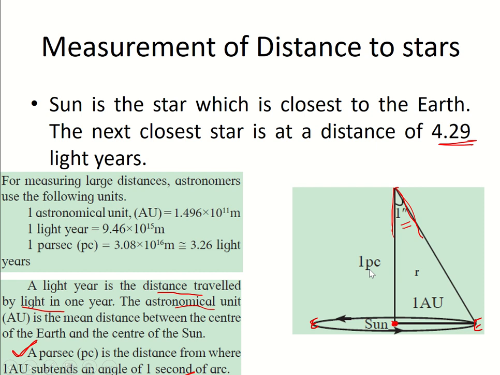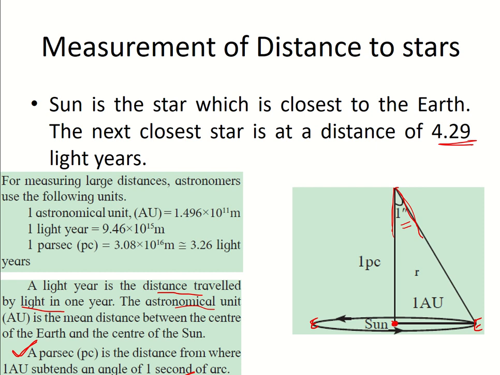Now this is the method used to calculate the distance between earth and other stars which are very far away. Similar to finding the distance to the sun, where the distance between our two eyes was not adequate, we moved from one end of the earth to the other end of the earth.